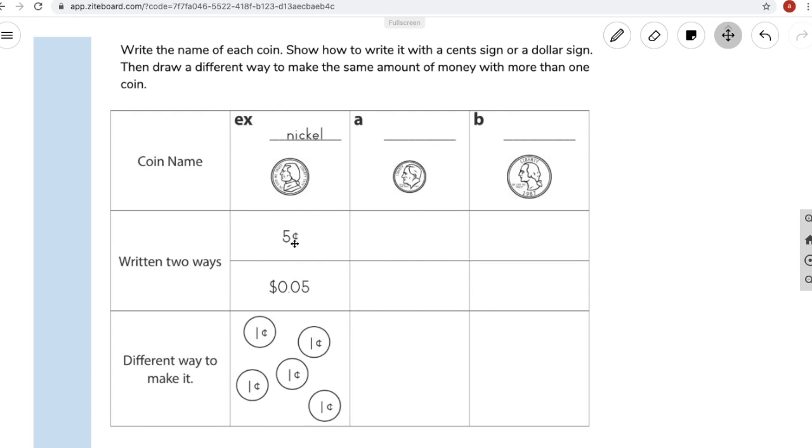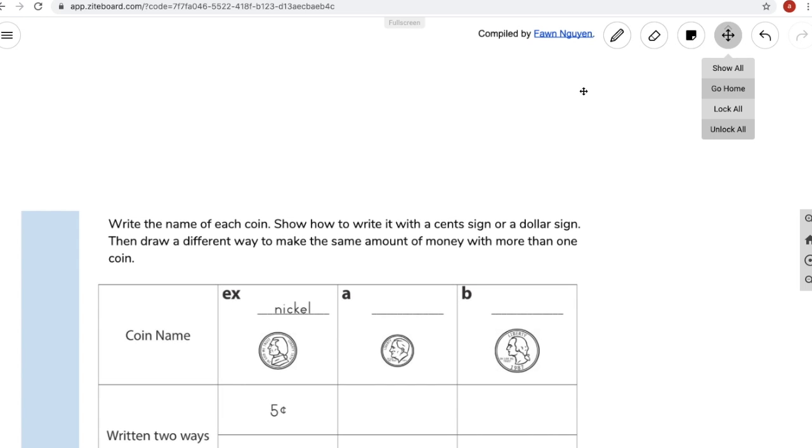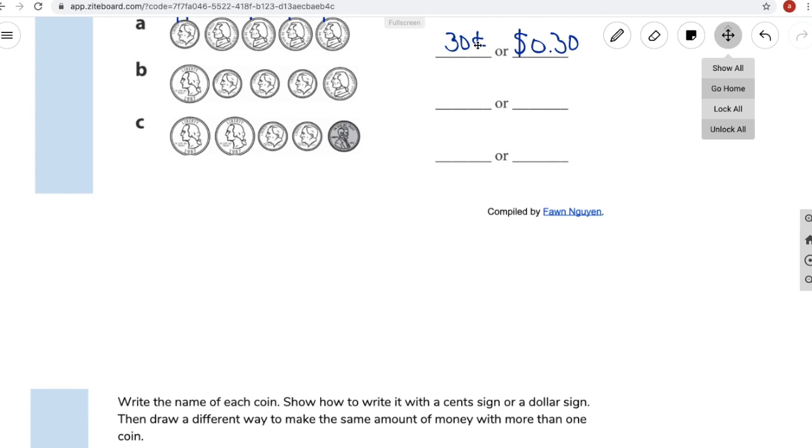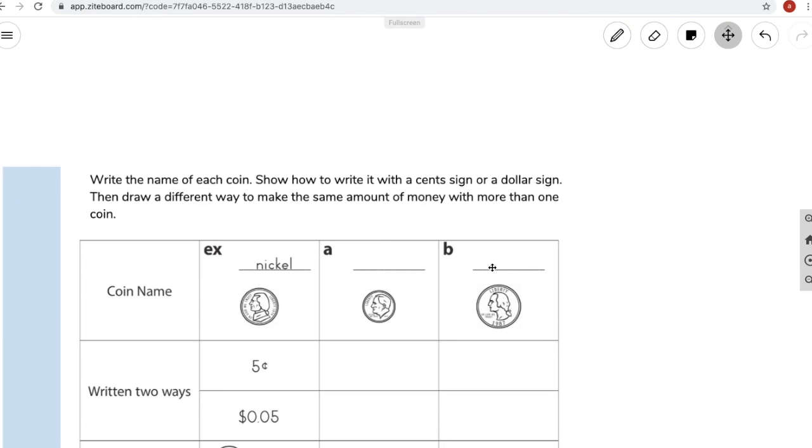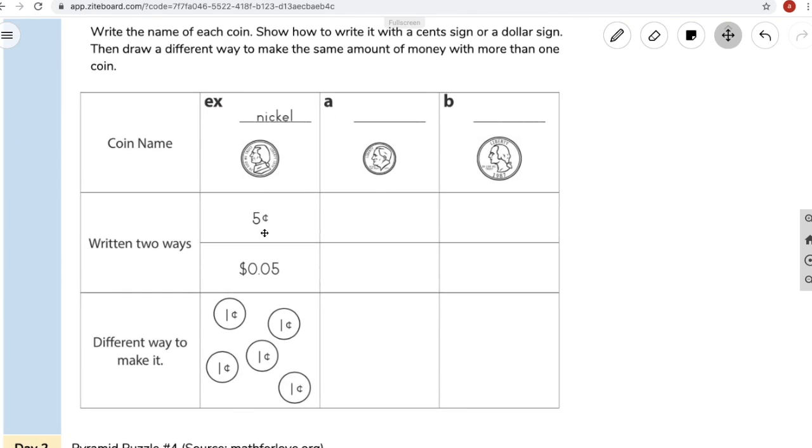Then write how you would write it in 2 different ways, with the cent sign or with the dollar sign. They wrote it with the cent sign, and then they wrote it with the dollar sign. And then they wrote a different way to make it with more than 1 coin. Here is 5 coins, and it's 5 cents because it's 1, 2, 3, 4, 5 pennies.